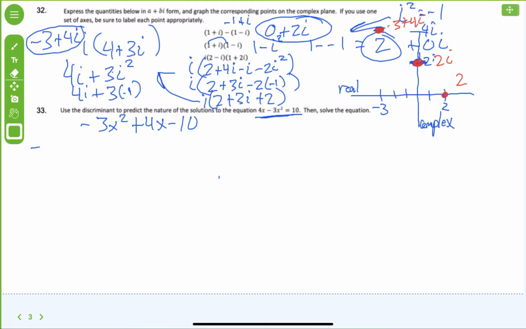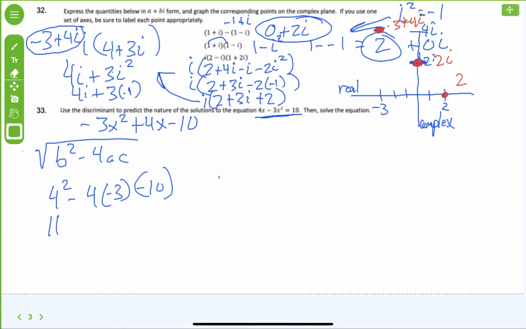So inside the radical, that's the discriminant. So the square root of b squared minus 4ac. So let's do 4 squared minus 4 times negative 3 times a negative 10.